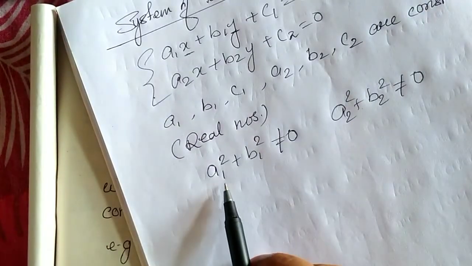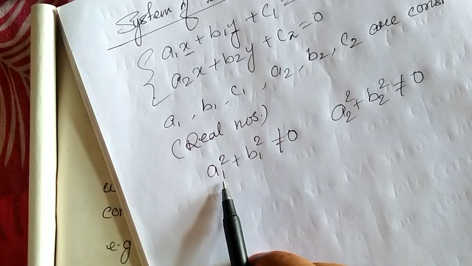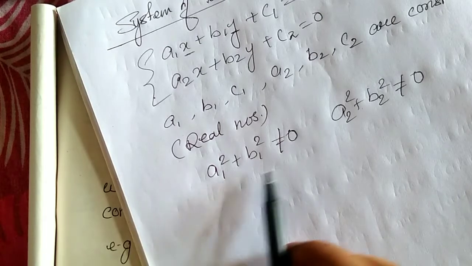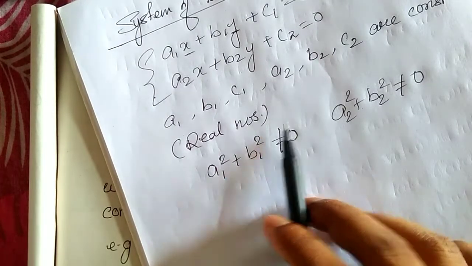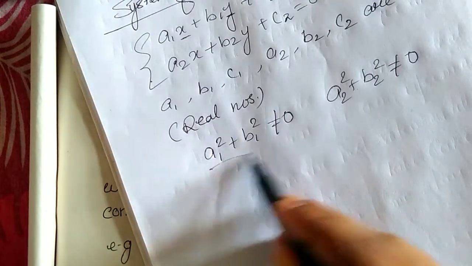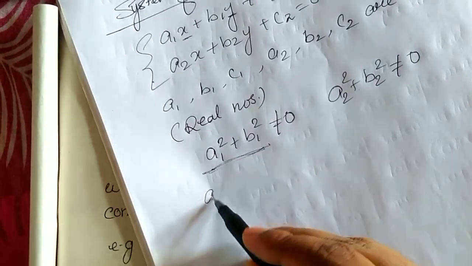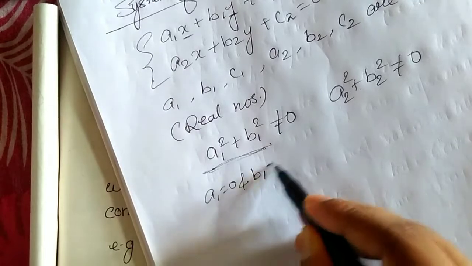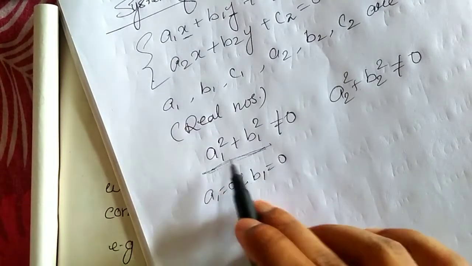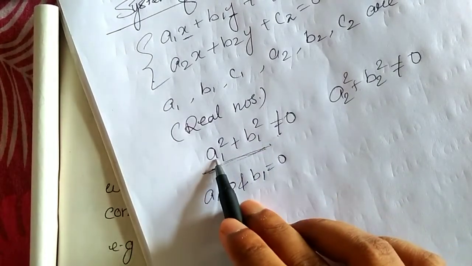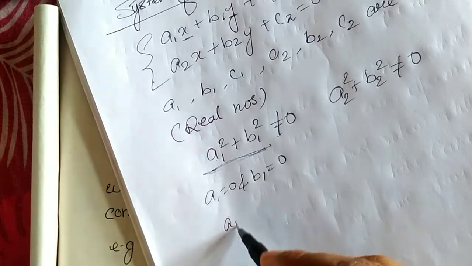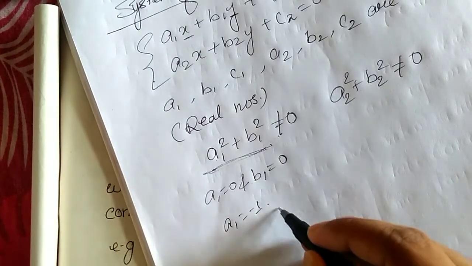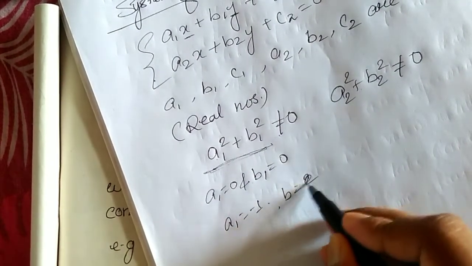Now let us try to understand why this is written. When I say that they cannot be together 0, why should I write this expression instead? This thing can be 0 only when a1 is 0 and b1 is 0. Otherwise in no situation is it going to be 0. Suppose you take a1 as -1 and b1 as 0.